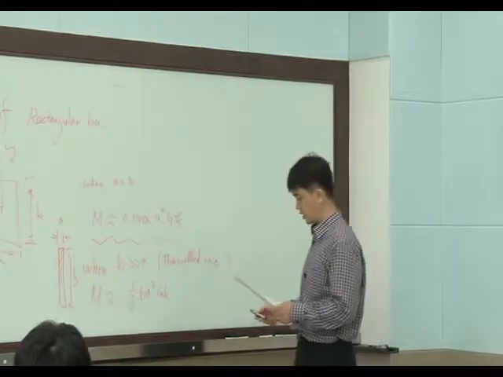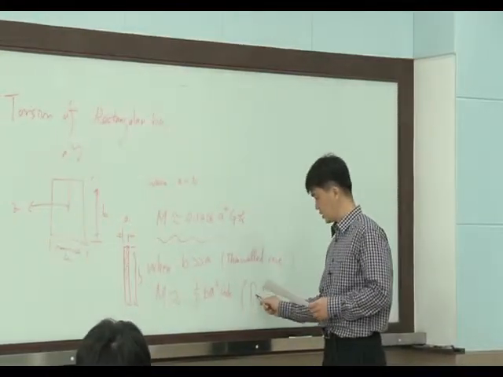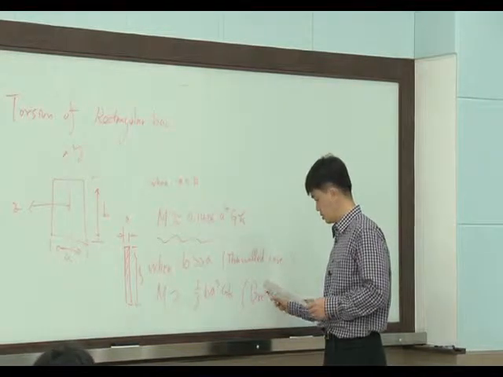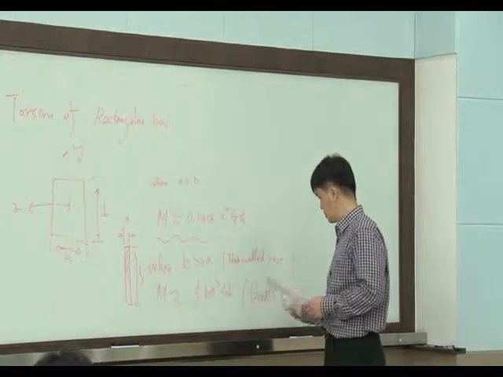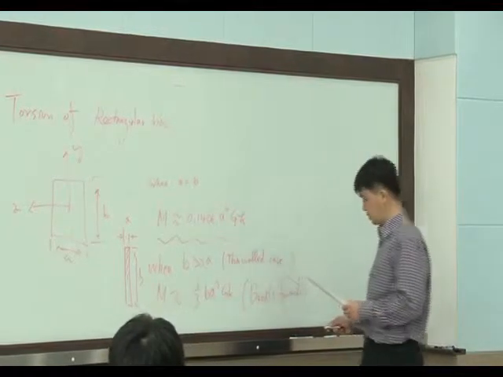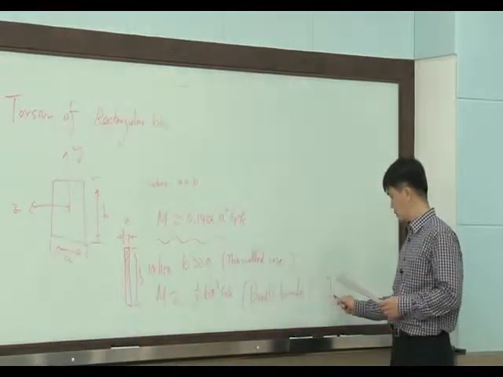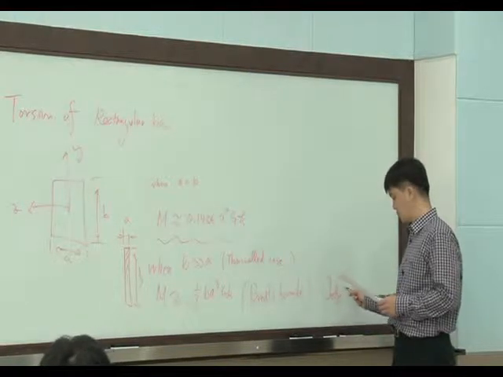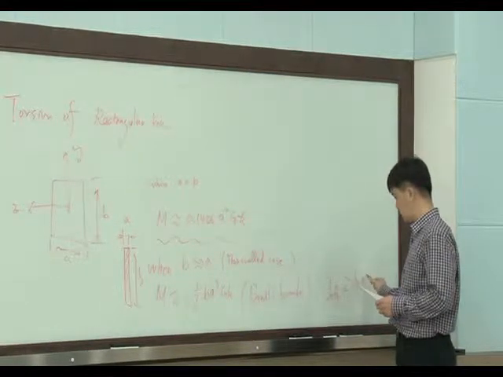The name of this equation is Bredt's formula. So J effective becomes B A^3 over 3.